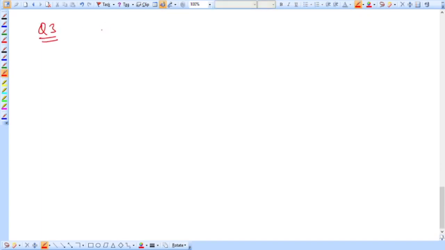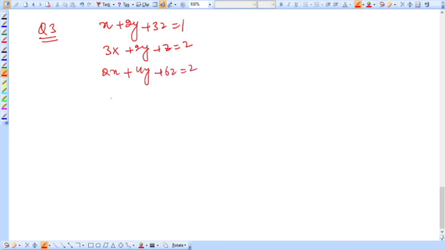So in this problem we are going to deal with x plus 2y plus 3z equal to 1, and 3x plus 2y plus z is equal to 2, 2x plus 4y plus 6z equal to 2. So here you write this system in matrix form: 1 2 3, 3 2 1, 2 4 6, times x y z equal to 1 2 2.